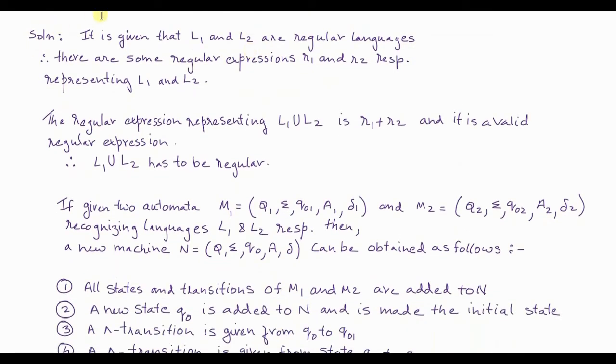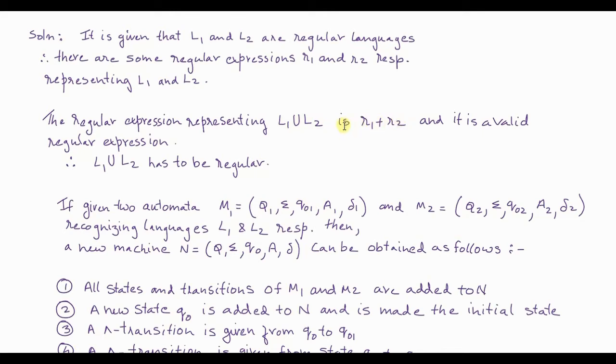So let's start. It is given that L1 and L2 are regular languages. Therefore, there must be some regular expressions, say R1 and R2 respectively, representing languages L1 and L2. Then the regular expression representing L1 union L2 is written as R1 plus R2. Why?